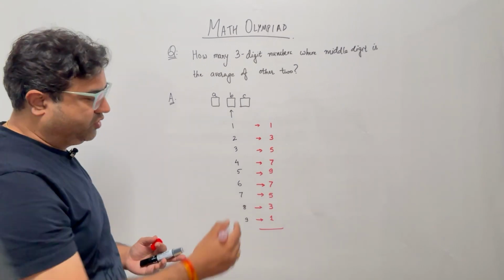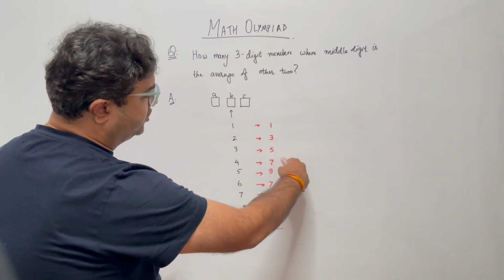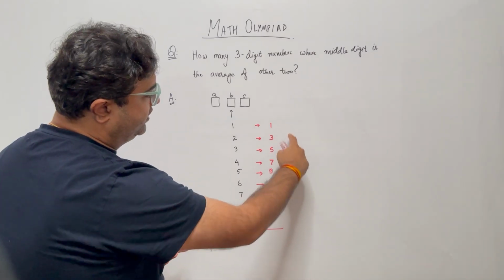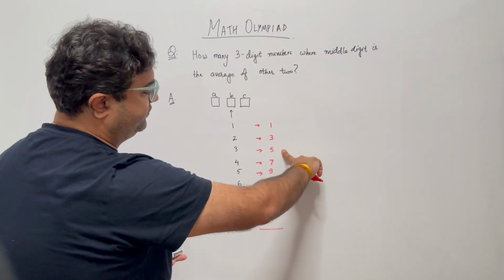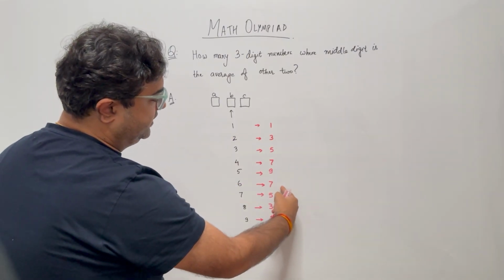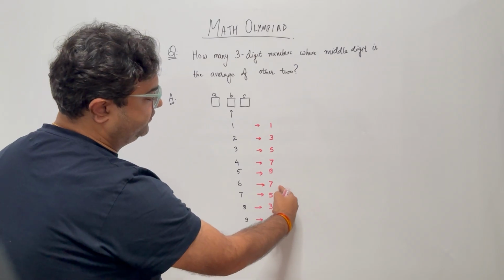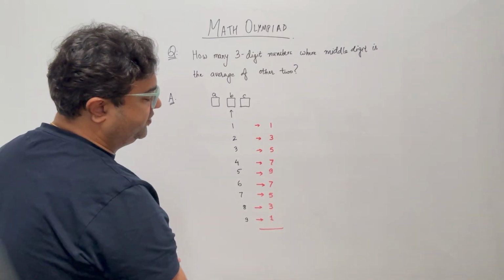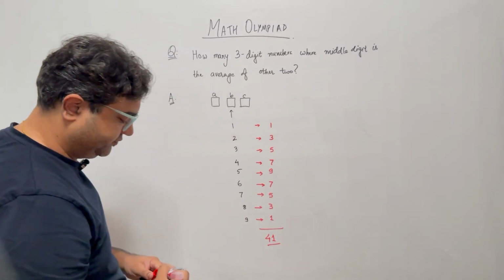Let's sum this up first. 1 and 9 give us 10, 20, 25, 30, 25, then 35, and then 41. So we get 41 from here.